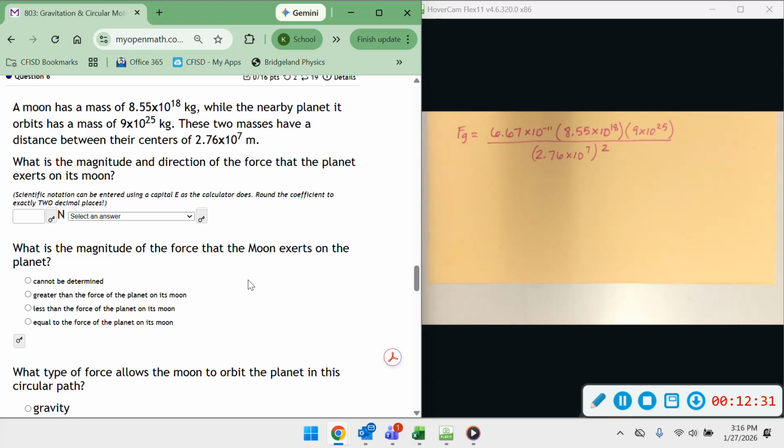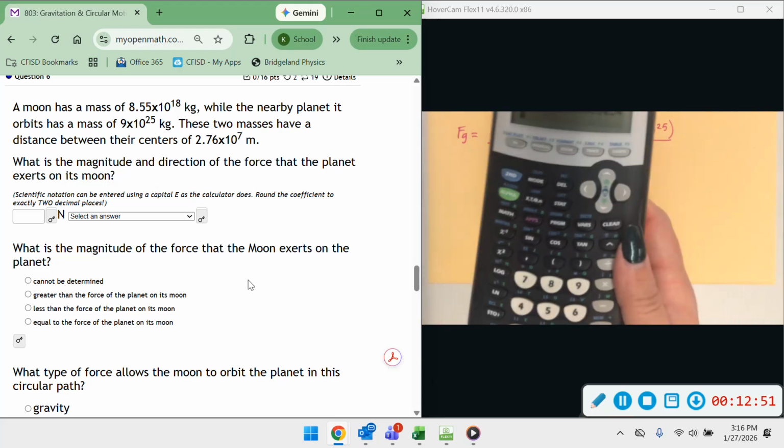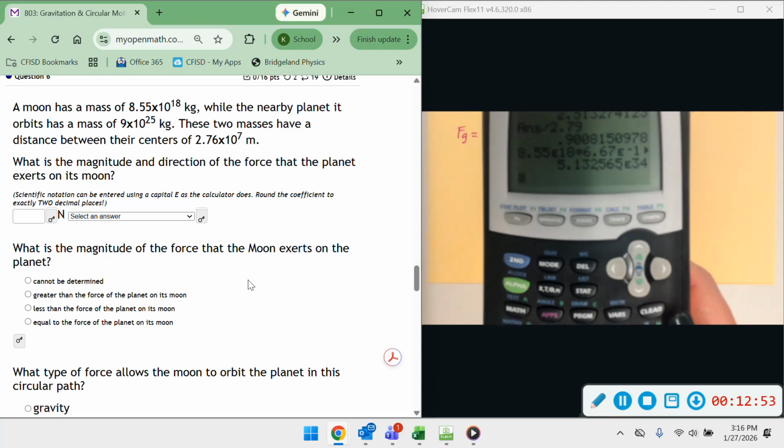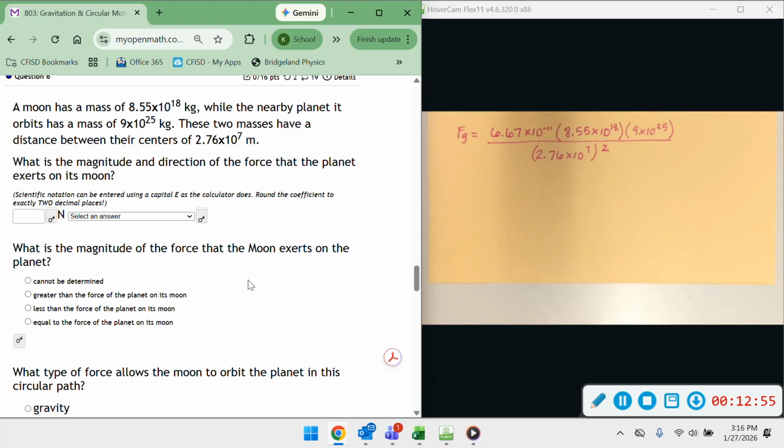It will allow us to solve for the force of gravity. All right, so I'm just going to type in all those values. This is what I got from my numerator, and now I need to divide by that denominator and make sure you only square the denominator. 2.76 times 10 to the 7th.